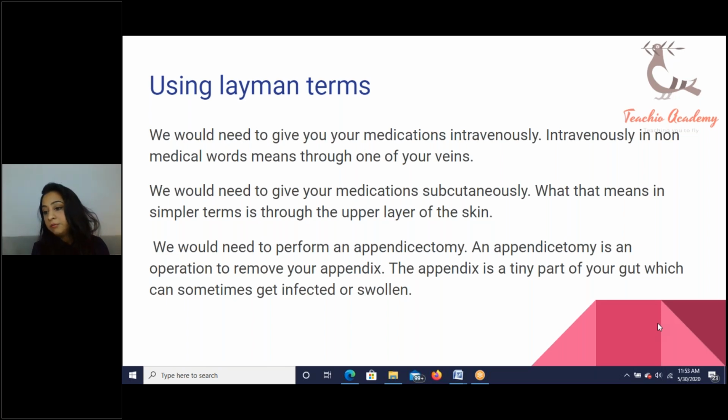Percy has said, in simpler terms, myocardial infarction means that your heart is not getting enough oxygen, which is compromising its blood pumping ability. Very good answer. eBay has said, I would like to let you know that you have a condition where there is a shutdown to the flow of blood to your heart. So that's fine.